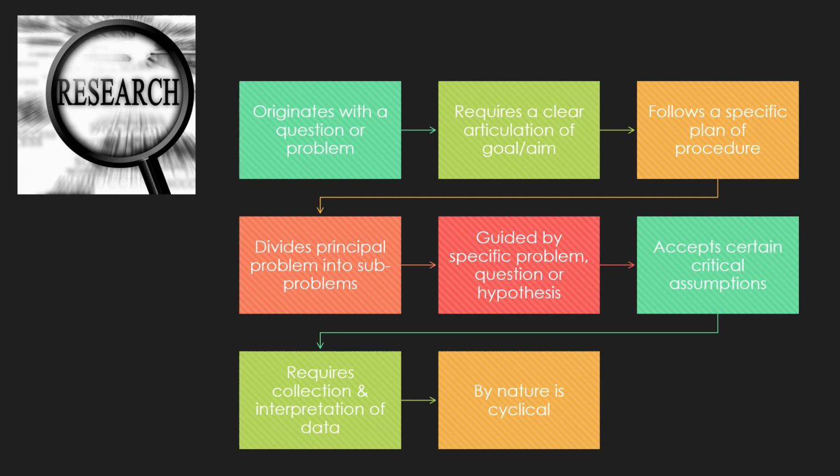We can also divide the problem into sub-problems so that it's easier for us to find the solution, guided by a specific problem, question or hypothesis, and accept certain critical assumptions. In order to do this, we need to collect and interpret some data, and this will be repeated until we achieve the solution.